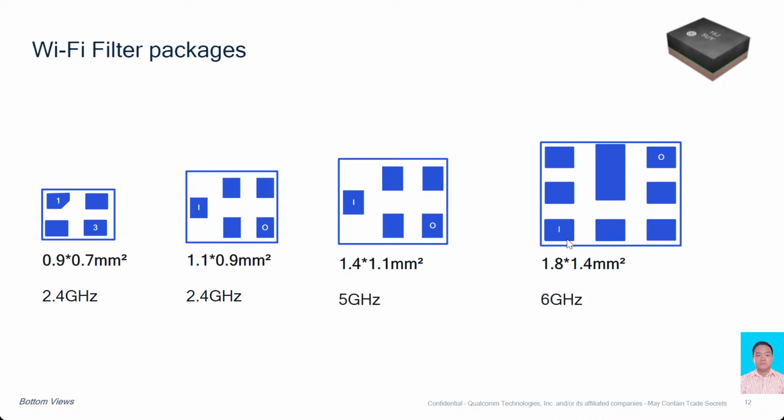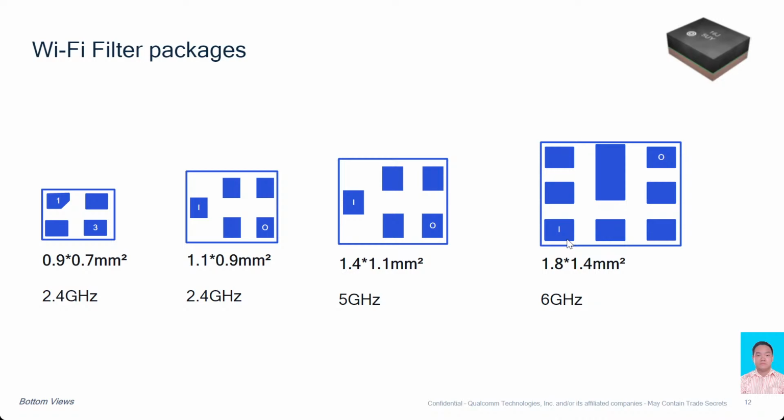So our 5 gigahertz filters are in the 1.4 by 1.1, or as we call it, 1411, and our 6 gigahertz filters are in 1814. So these are considerably smaller than let's say other technologies, and also smaller than our competitors.